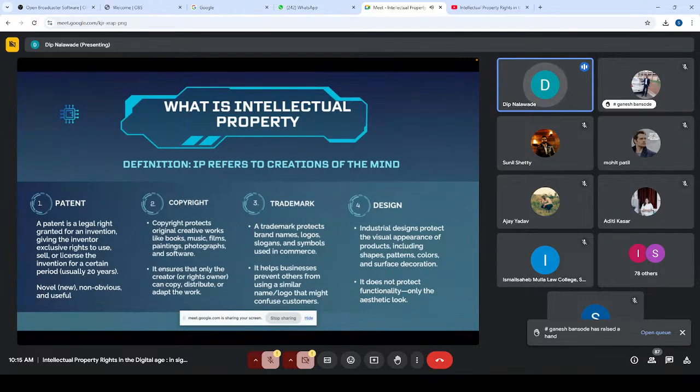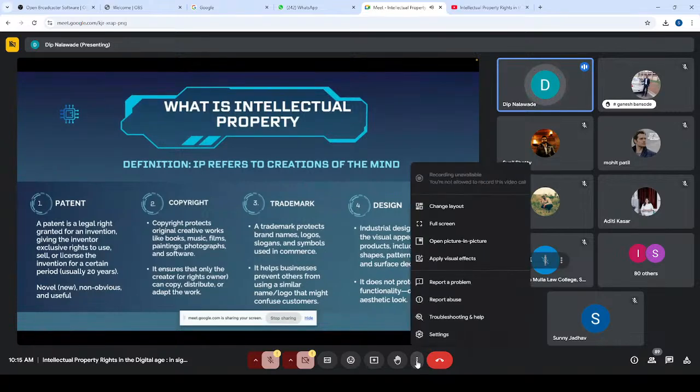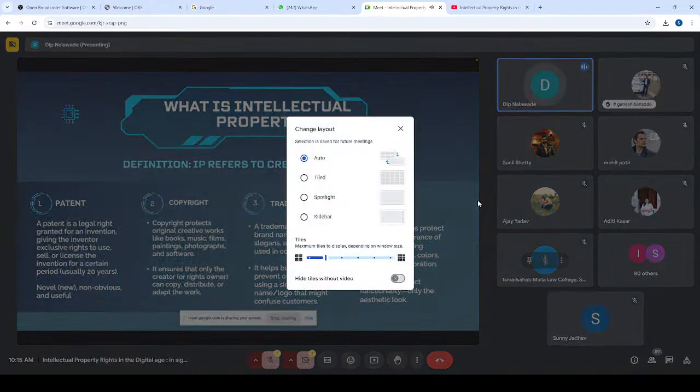So copyright is basically given to artistic expressions, whatever art you're generating. For example, J.K. Rowling has created the series of Harry Potter. She has written the books, she has imagined the characters in those books, and she has given the illustrations of those characters.